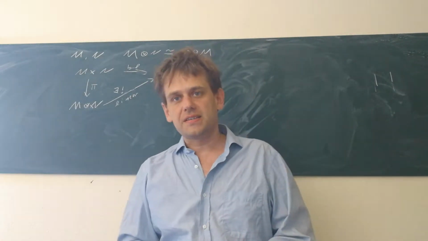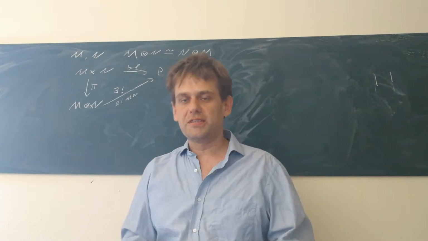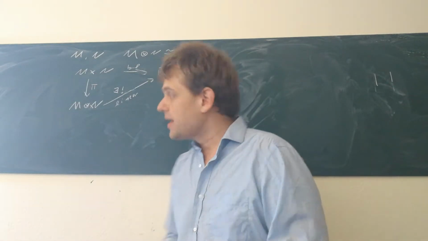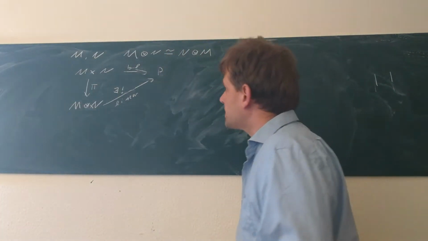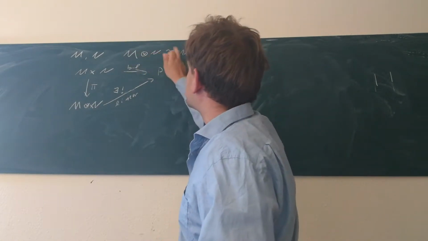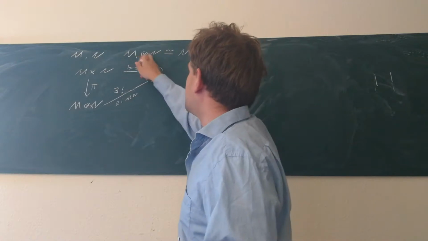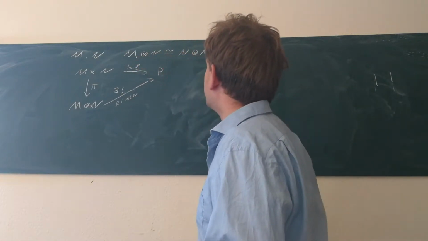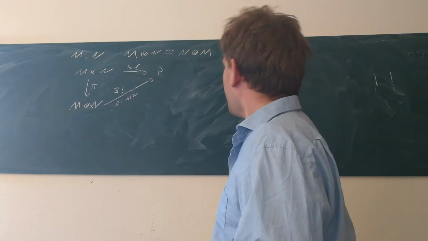So this is what the universal property of the tensor product was, and now we're going to use this to prove this statement here, that M tensor N is isomorphic to N tensor M.